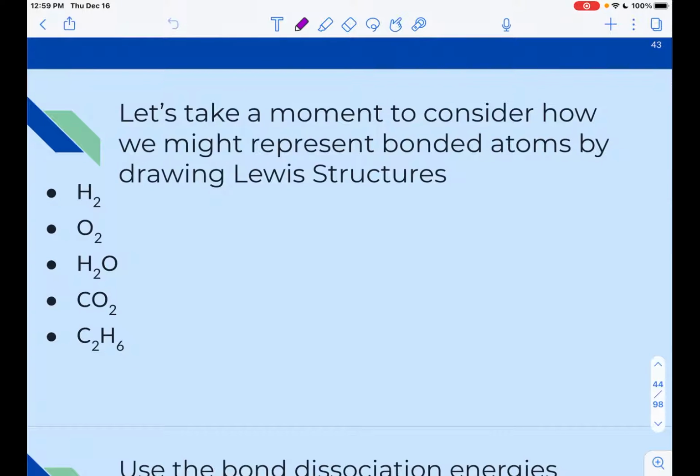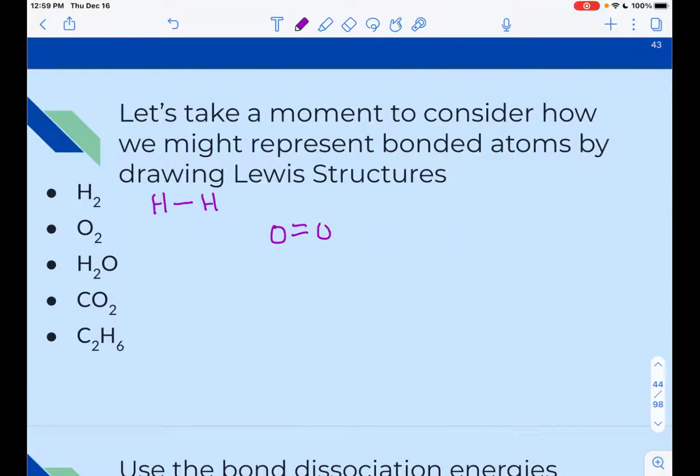I'm not going to go over how to draw the Lewis structures. I'm just going to draw them, and then you can see what they would look like. So H2 would just look like this, and that line is worth 2 electrons.